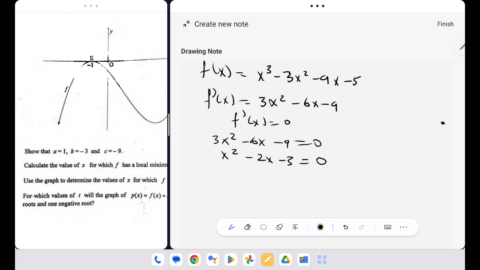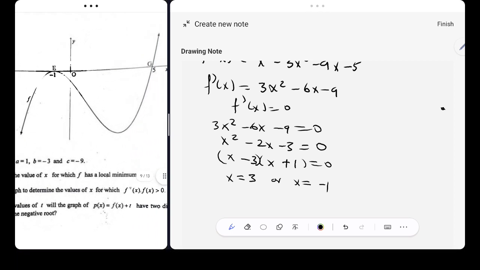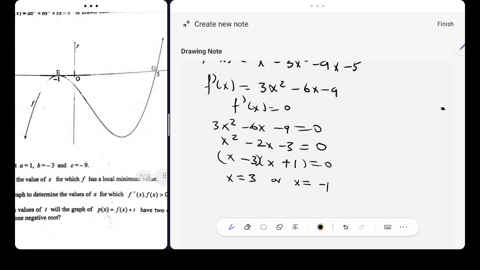I can factorize this. I'm looking for factors of 3 that, when I subtract, will give me 2. That's 3 and 1. And the bigger factor will take the sign of the middle term. So x is equal to 3, or x is -1. When I look at my graph, I have two stationary points, two turning points.